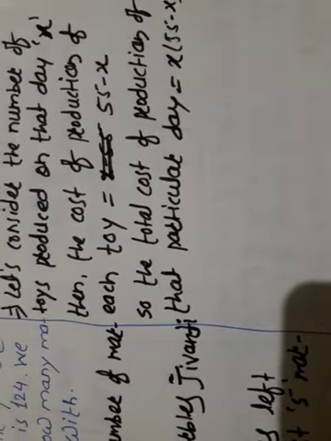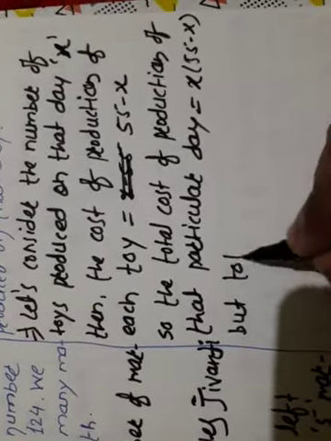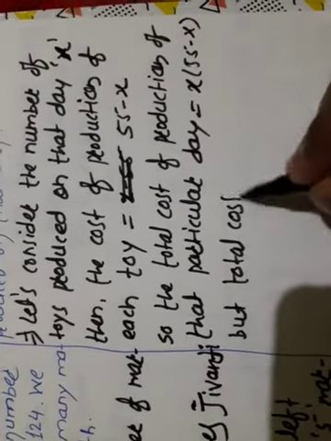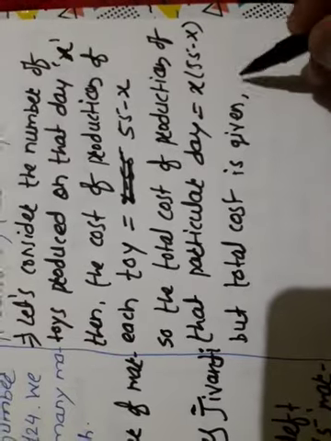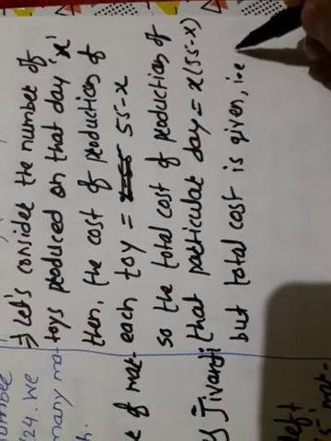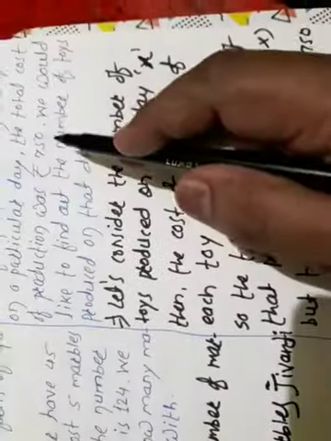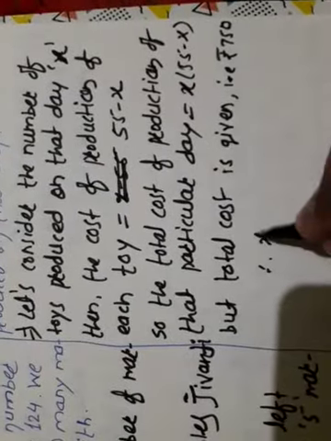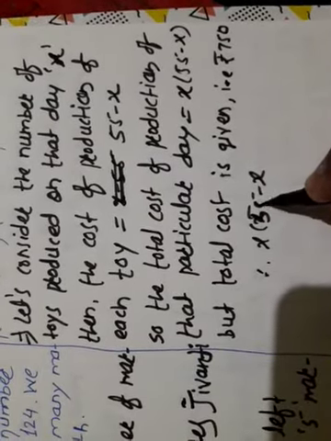But the total cost is given, that is rupees 750. Therefore x in bracket 55 minus x.